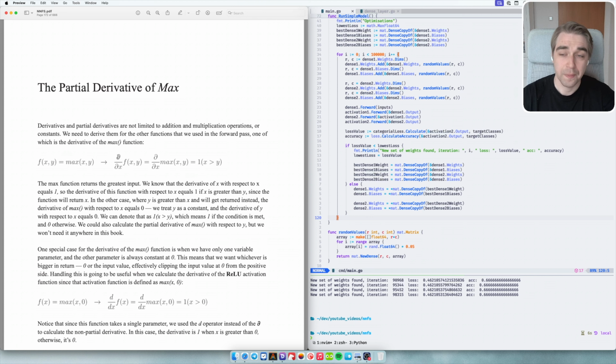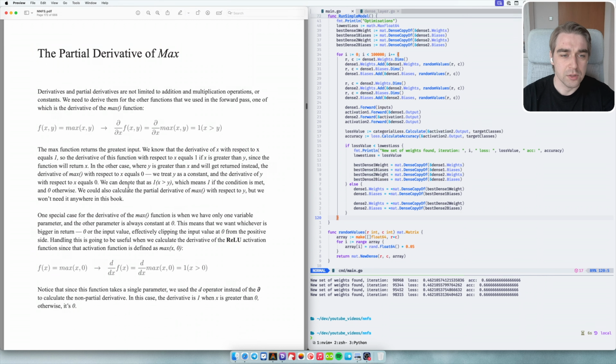As one of the subscribers told me how to properly read it in English, it's d over dx of f of x and y. So d over dx max of x and y is 1 multiplied by the max value. The max function returns the greatest input.